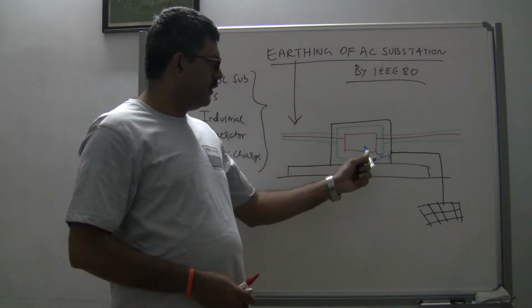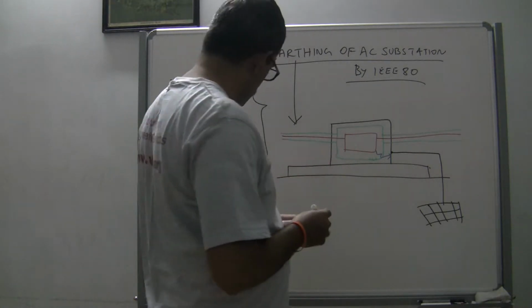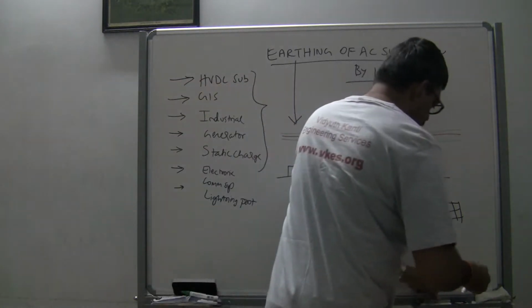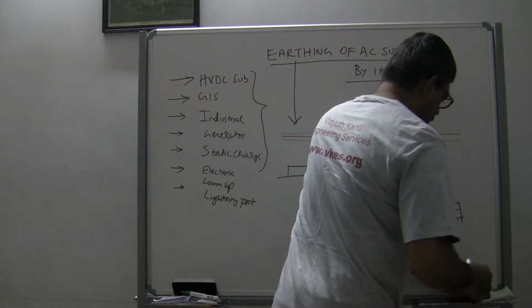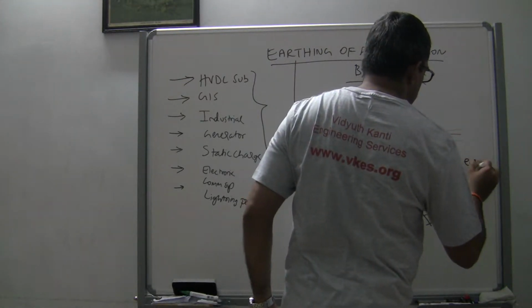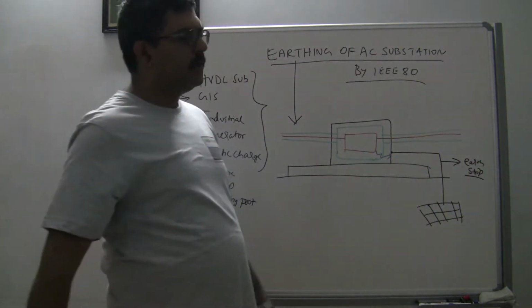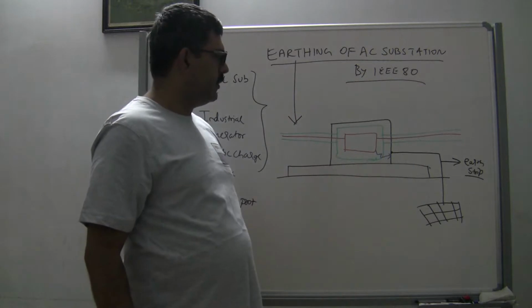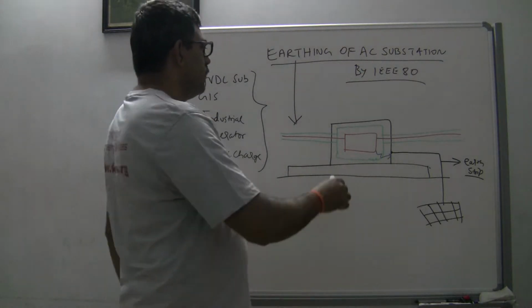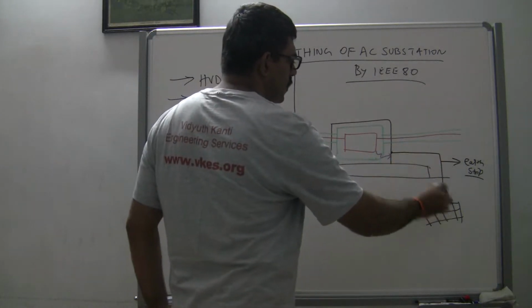So we provide this earth strip. Later on as we go, I will explain about the sizing of this earth strip. The sizing of this strip depends on the amount of fault current. Now when there is a fault, the fault current goes to the earth.